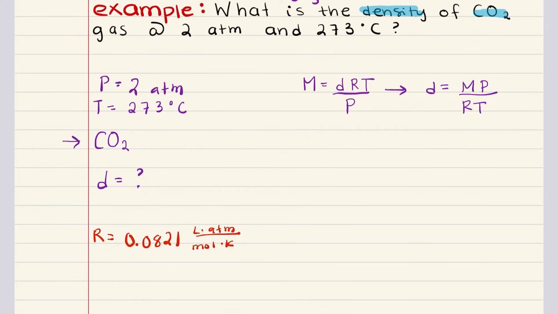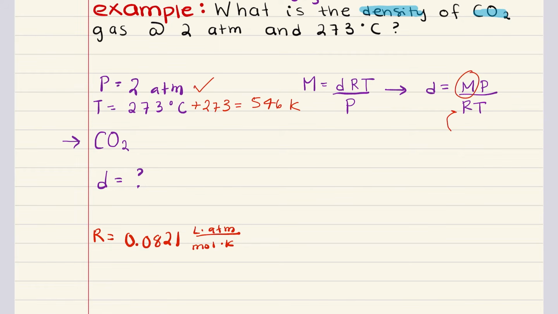Now we have our pressure in atmosphere, so we do not need to convert it, but our temperature is in degrees Celsius, so we can go ahead and convert it to Kelvin by adding 273, and what we get here is 546 Kelvin.